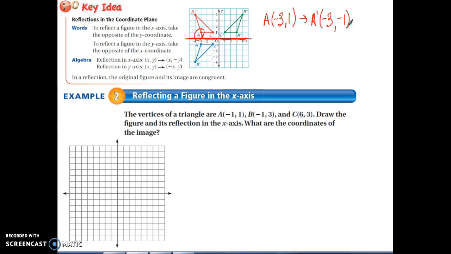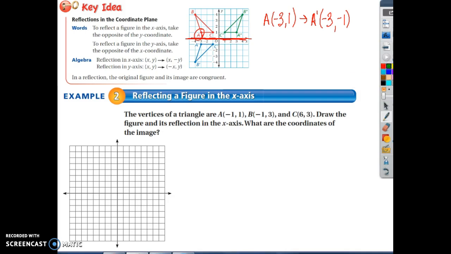So if we are flipping over the x-axis, all that happens is we change our y values from positives to negatives. Instead of going up to our points, we are now going down to the points. Or we could say that in reverse. If we were going down to the points, we could go up to the points instead. Either way, flipping over the x-axis causes your y values to simply change their sign.